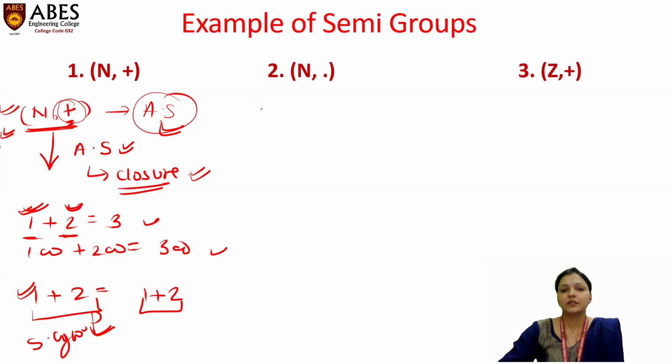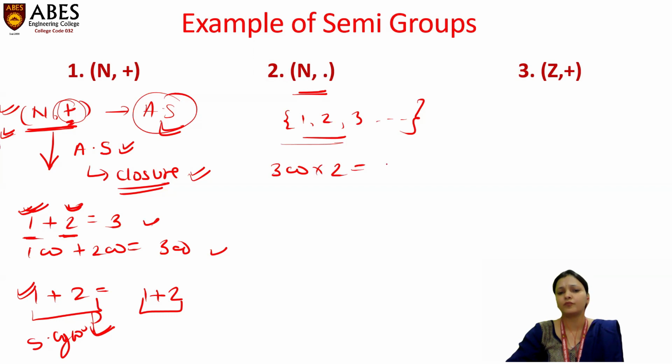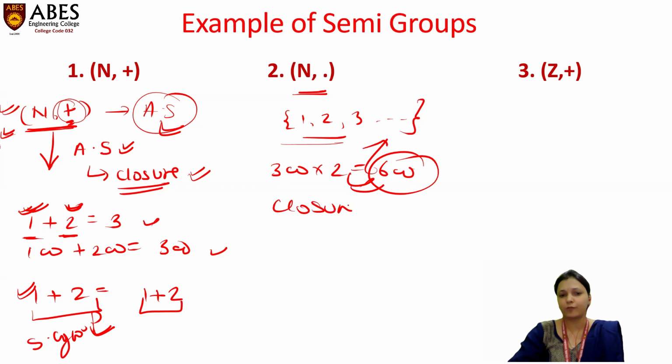The next example is the set of natural numbers with multiplication. Natural numbers are numbers from 1 onwards; this is an infinite set. If we multiply any two natural numbers, for example 300 with 2, we will get 600, which is also a natural number. So it follows the closure property. Hence it is an algebraic structure.